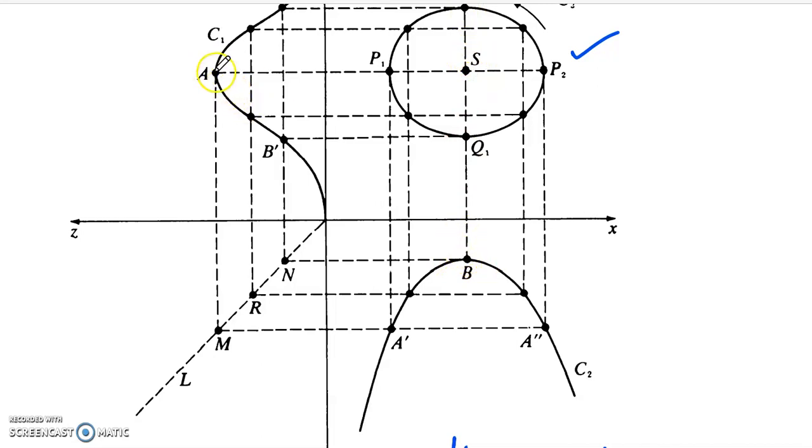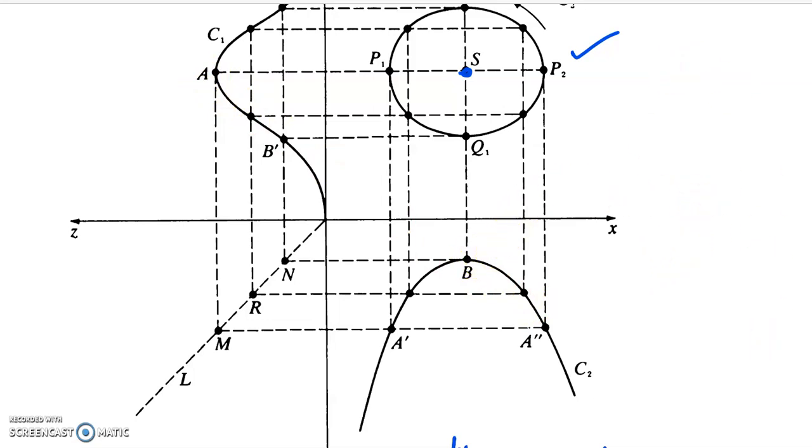So the coordinates of s will be obtained once you know the coordinates of a and b. So we can find this point s using the maximum value of the graph of z and the minimum value of the graph of w.